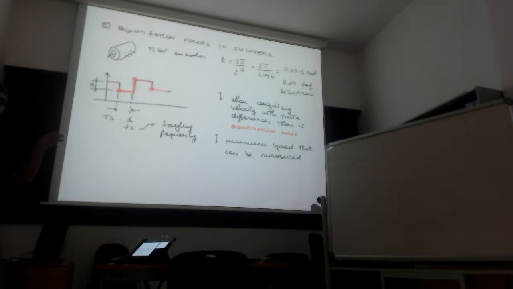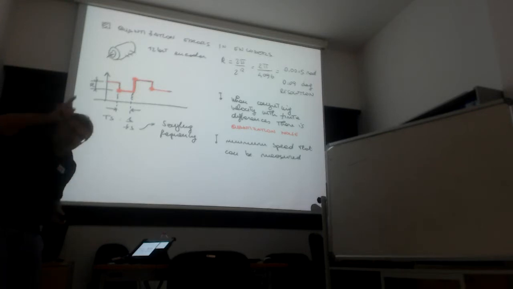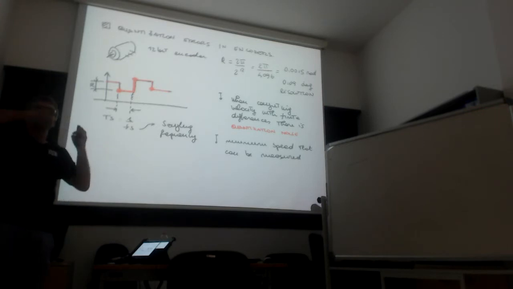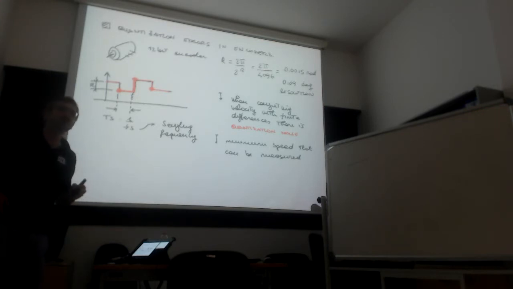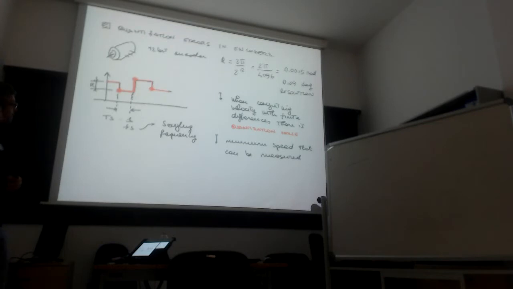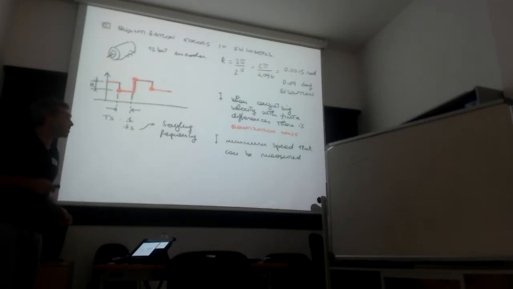So you see your velocity signal is like a bunch of spikes. You have one spike for each change in position, and this spike will be higher the faster the sampling frequency is.